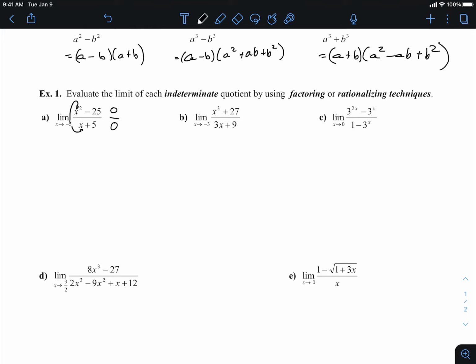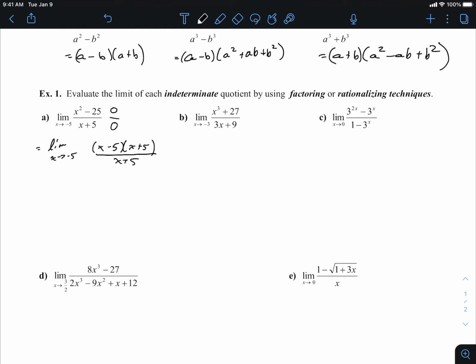But I do see that the top is a difference of squares. So I could factor the top, and then we're going to see what happens. We're just going to rewrite the limit as x approaches negative 5. We can rewrite the numerator as x minus 5 times x plus 5, all divided by x plus 5.